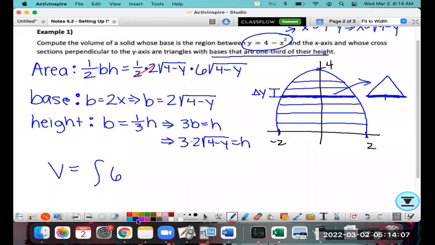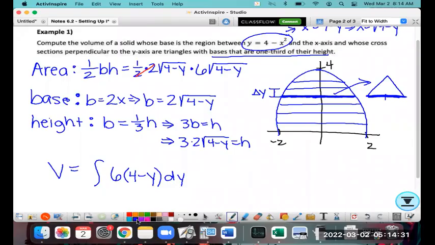And then those square roots, square root times square root, the square root's going to cancel, and I'll just be left with 4 minus y. And then I need my differential dy that will represent the tiny little widths of all of our cross sections to get our volume. And then we need to integrate that using the y values.